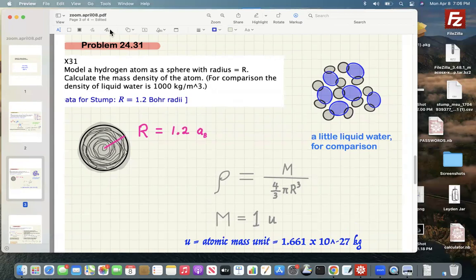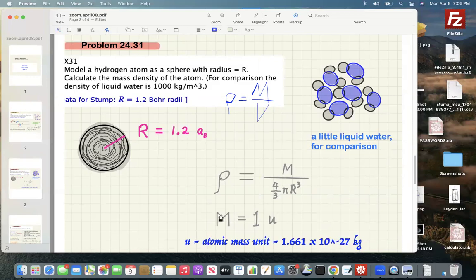Now remember, density is always mass over volume. What's the mass of a hydrogen atom?